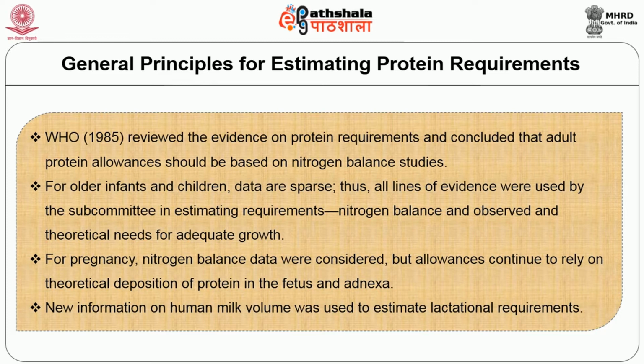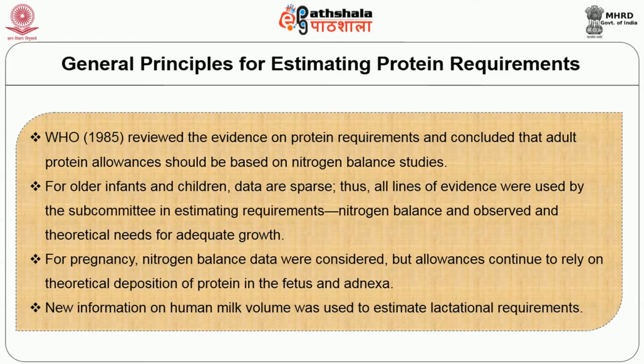WHO in 1985 reviewed the evidence on protein requirements and concluded that adult protein allowances should be based on nitrogen balance studies. For older infants and children, data are sparse. Thus, all lines of evidence are used by the subcommittee in estimating requirements: nitrogen balance, and observed and theoretical needs for adequate growth.